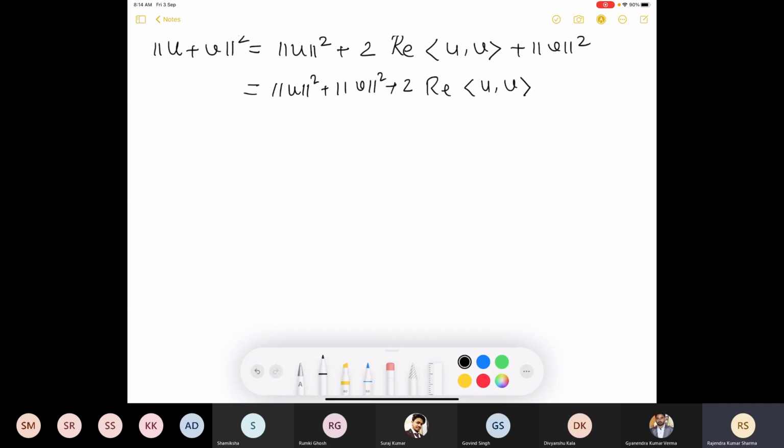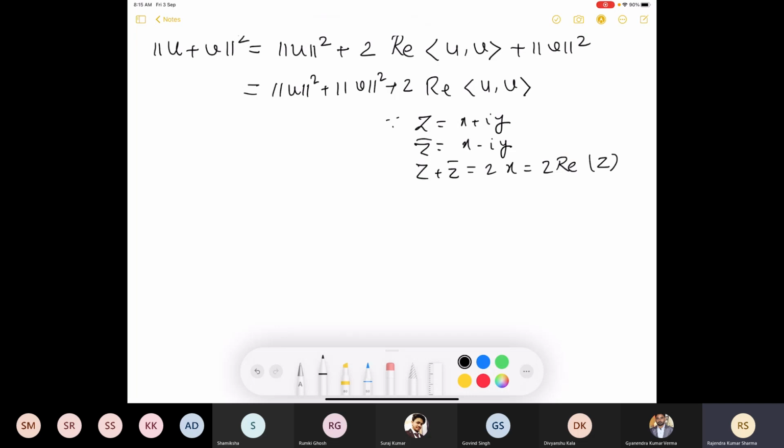You can observe that if z is x plus iota y, and z bar therefore is x minus iota y, then z plus z bar is twice of x, which is twice the real part of z, which is x.